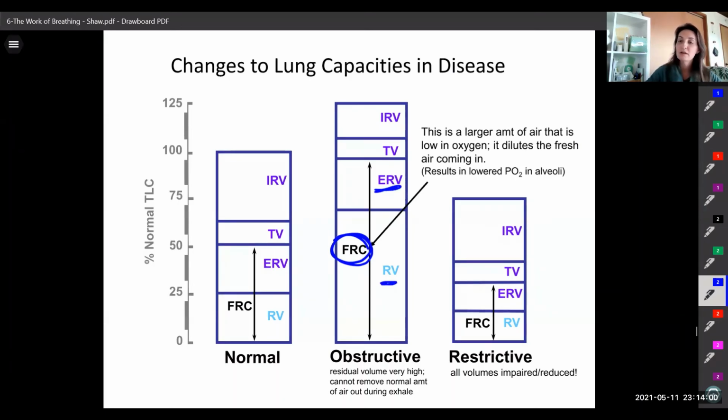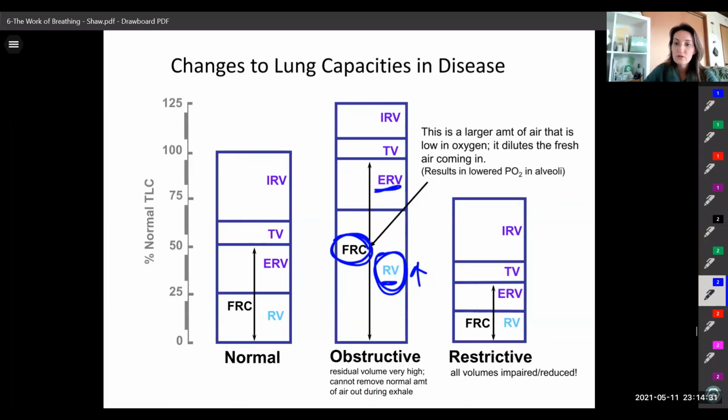The amount of air that still remains in the lungs after a normal exhalation. With an obstructive disorder, that functional residual capacity is large. And that's mainly because there's an increase in the residual volume, increase in the amount of air that cannot be removed, right, due to the air trapping that's occurring. So this is definitely increased.